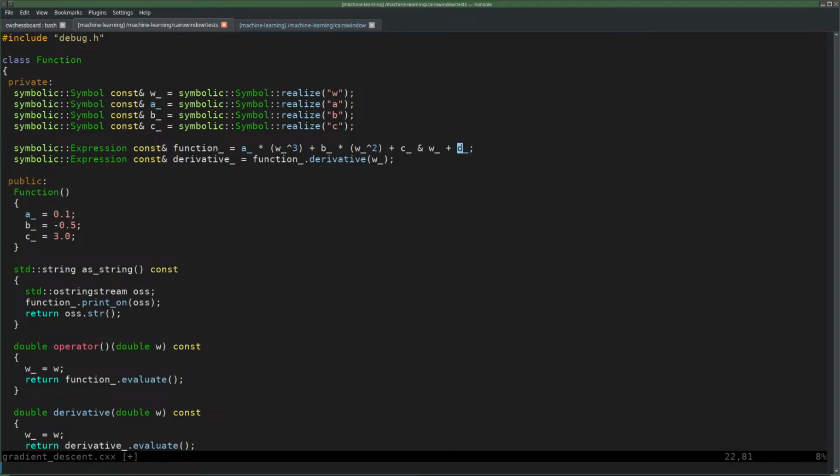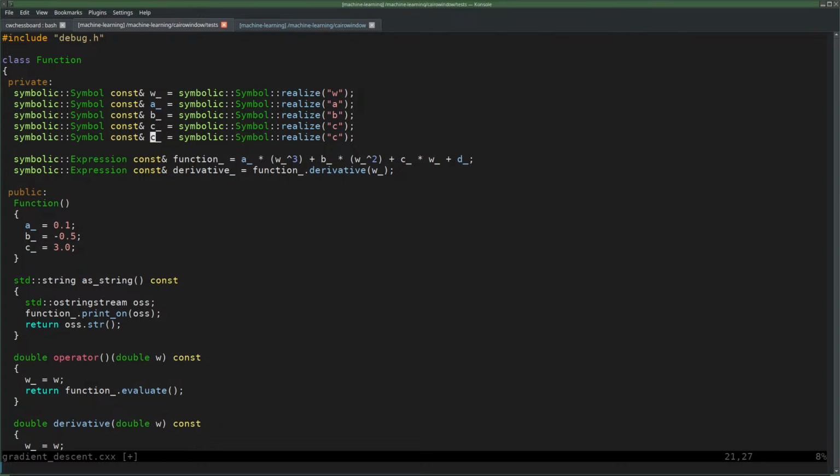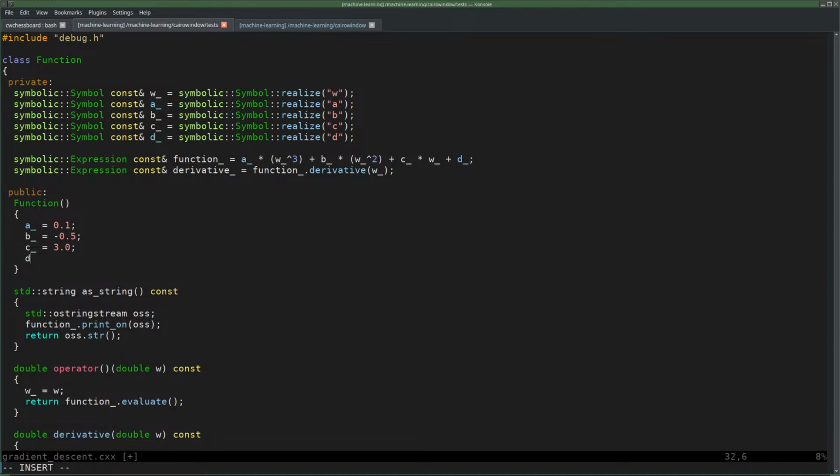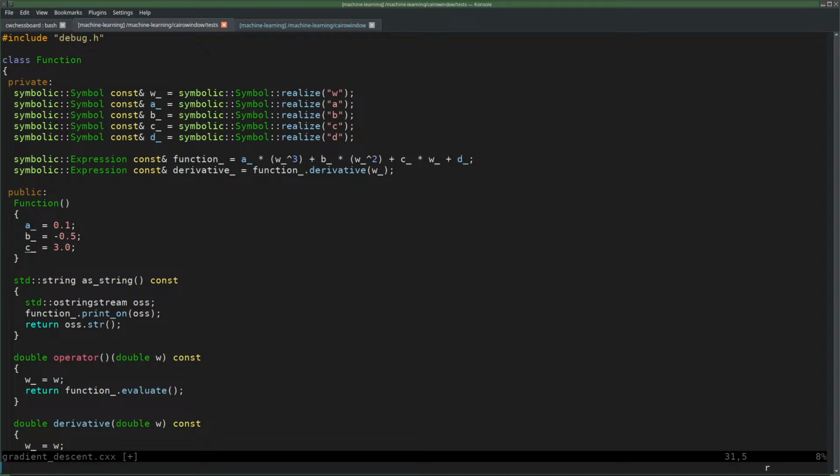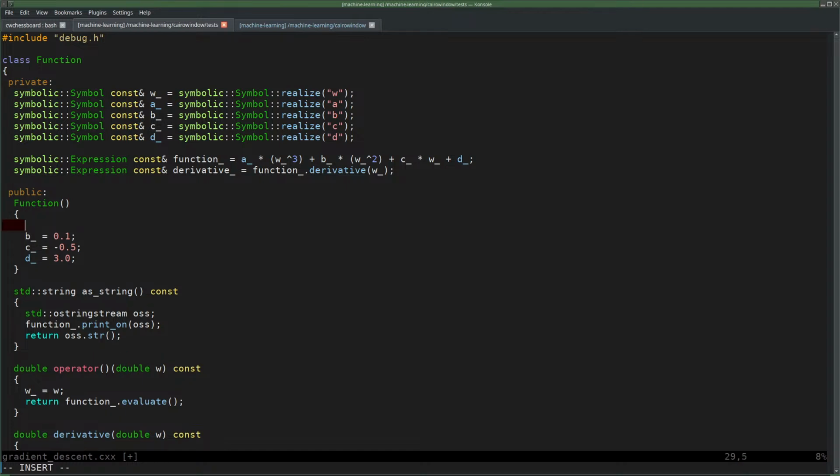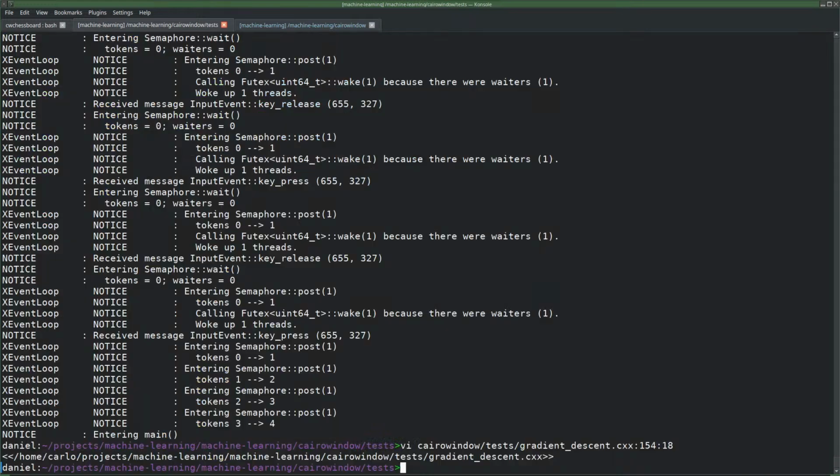I just make it a third degree polynomial, I guess. So I need a d here. And then we need a d here. So just something tiny, so initially tiny.